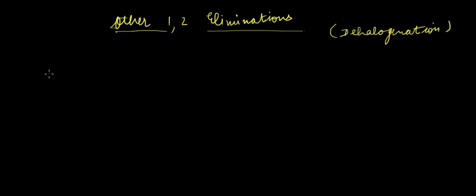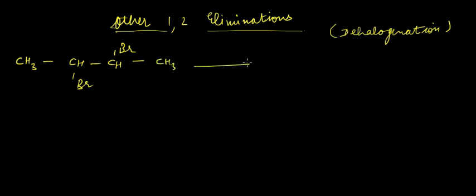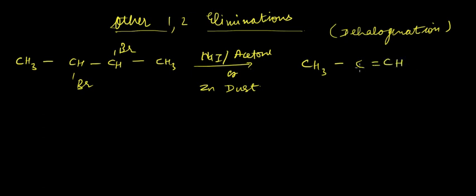Okay, so suppose we have this reaction in which we have Br and CH3 here. Then if we react it with NaI in presence of acetone or zinc dust, then what will actually happen is we'll get something like this, plus obviously IBr and NaBr.